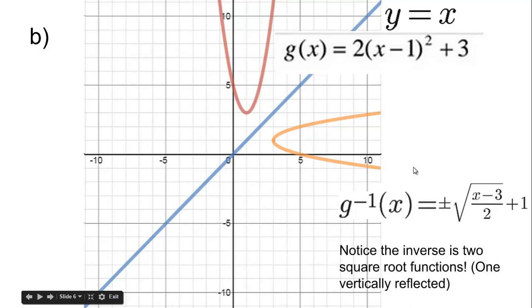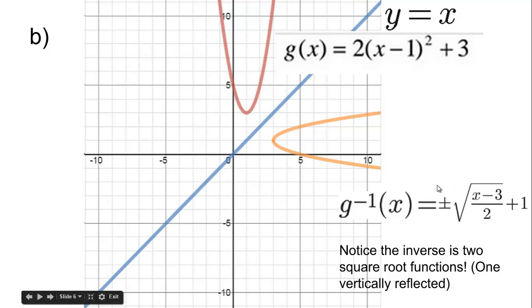So one's vertically reflected. Also really interesting, I mentioned this before: if this is a vertical stretch by a factor of 2, this one has to have a horizontal stretch by a factor of 2 because it's got to be the same shape. And the way we show that horizontal stretch is a 1/2 in here.